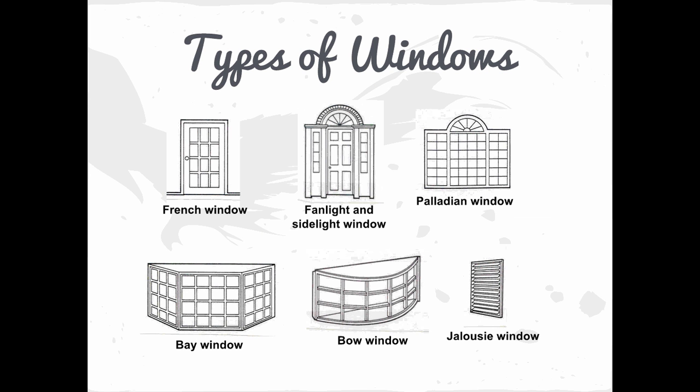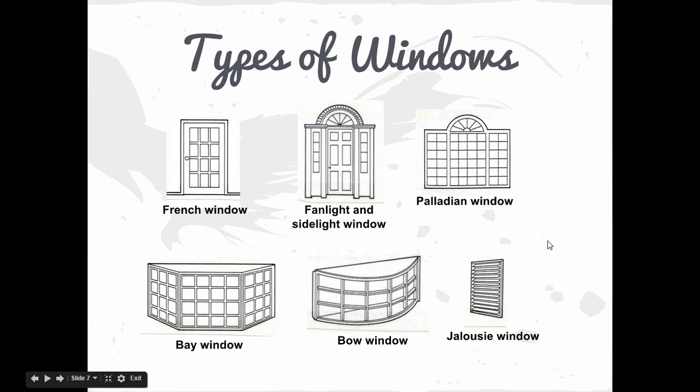And then there's different types of windows. We have French window, fanlight, and sidelight window. This is usually like a front door. Palladian window, bay window, bow window, and then jalousie window. Again, you may have some of these in your home, your grandma's home, friend's home, etc. You may have seen them.